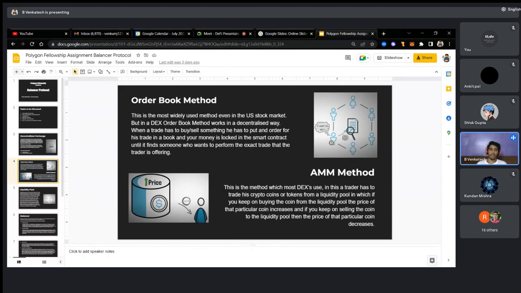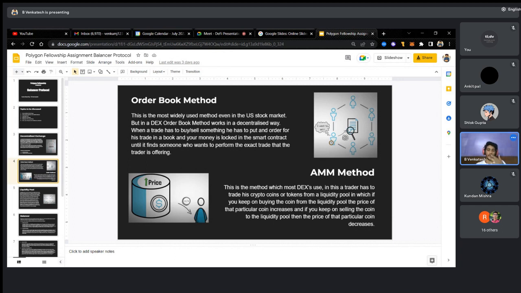So if you try to buy USDC, since you're buying it, the USDC price increases, and you're getting Ethereum, so the Ethereum price decreases. When you're buying a crypto, the particular coin price increases, and when you're selling it, the particular coin price decreases.